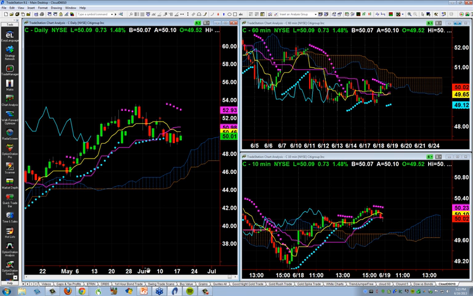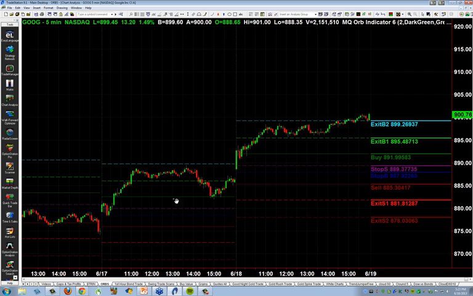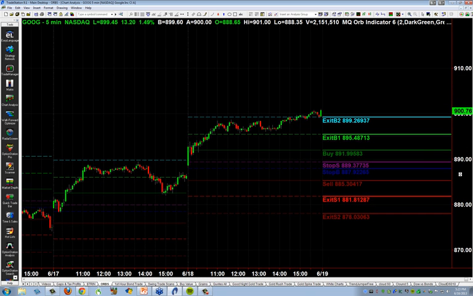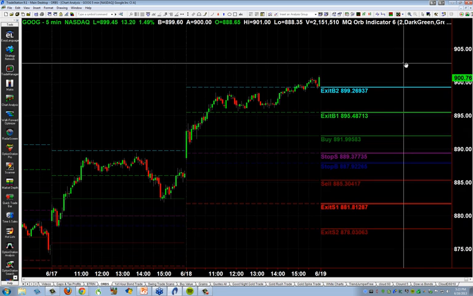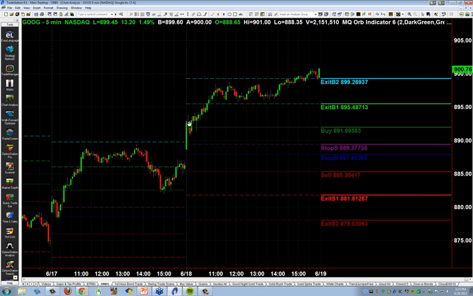Orbs is a really cool way to get a predefined trading plan every day without you thinking about it. If you've got Google pegged as going higher, it'll tell you when Google hits this green line, buy it there. Then it says use this stop of 887 when you buy it at 891.